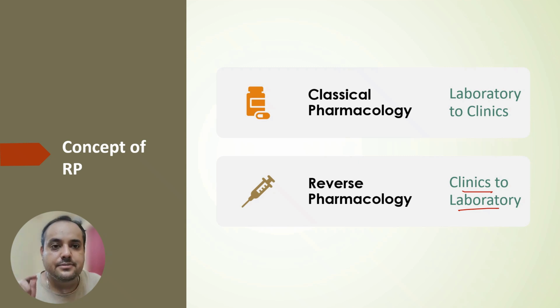The main aim of reverse pharmacology is to use the drugs that we have been using for centuries in traditional medicines, but not the folklore drugs, the proper scientific drugs that we are using. And the second thing is that it integrates the traditional system of medicine with a safety and efficacy record.